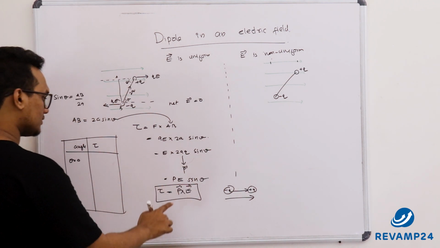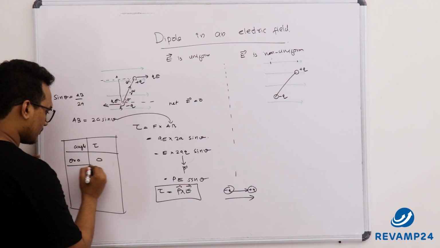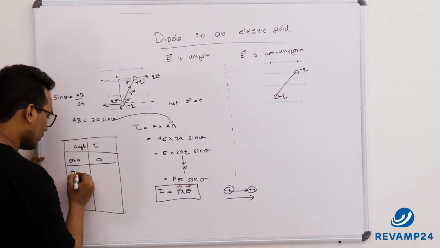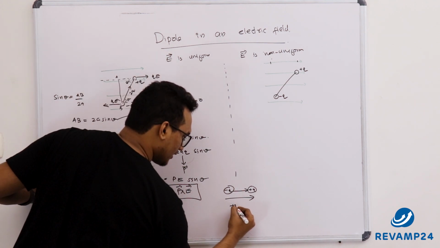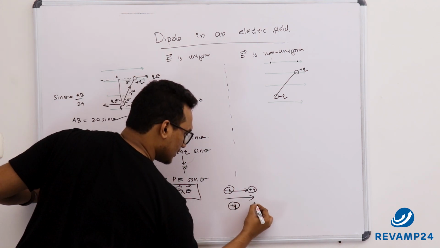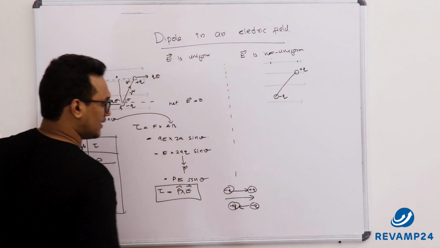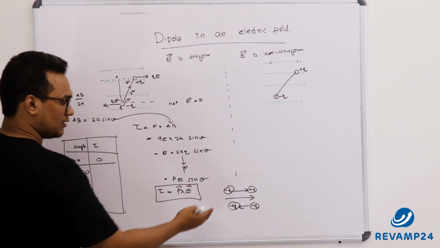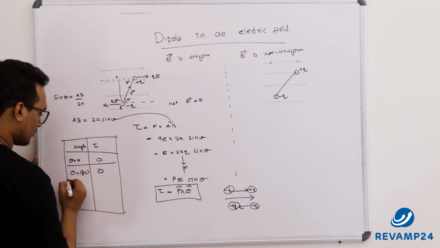So when theta is equal to 0, the torque is PE sine 0. What is sine 0? 0. Now theta is equal to 180. Same case, but the positive charge will come here and minus Q will come here. The electric field is in the same direction, but the dipole moment is in this direction, from minus Q to plus Q. But still, sine 180 is 0. So the torque is PE sine 180, which is 0. Same thing.